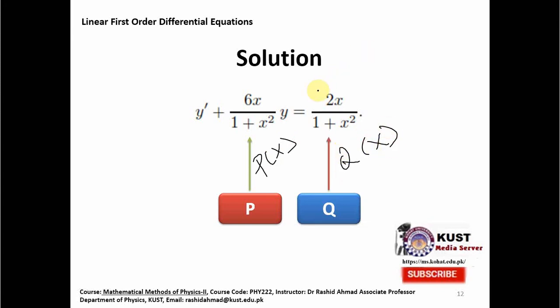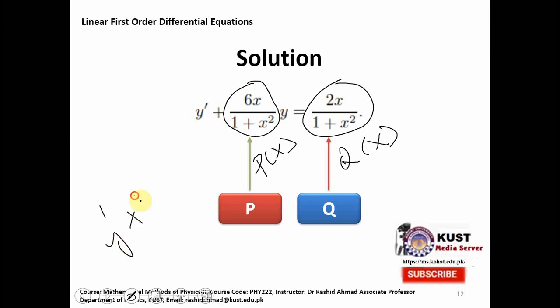So this whole thing over here is q, and this whole thing over here is p, and they are functions of x. So this equation is basically y prime plus p(x) y is equal to q(x). So p is a function of x, and q is a function of x, and y is multiplied here. This is the equation written over here, and we want to solve this equation, that is, to get the value of y.